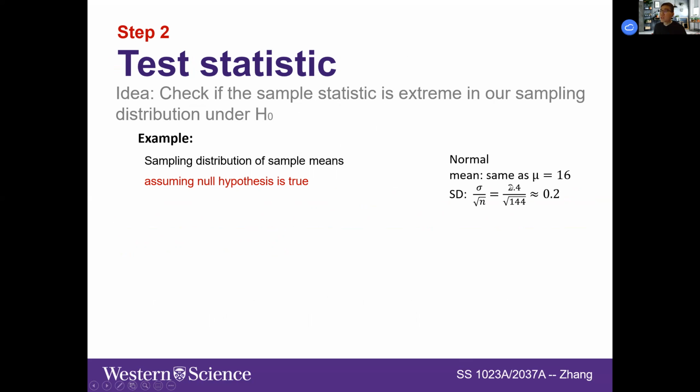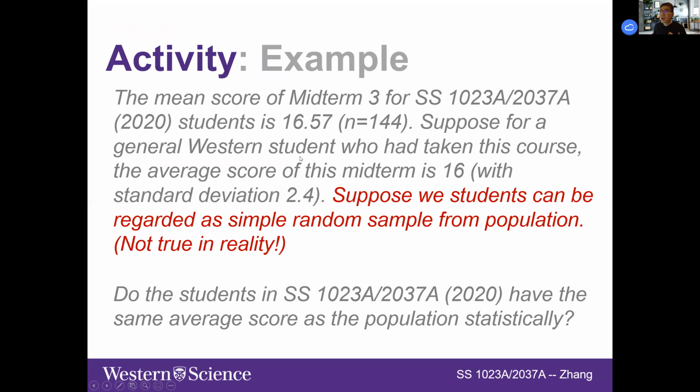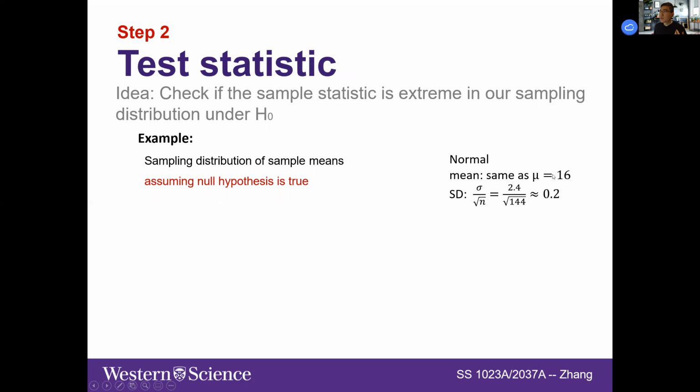So the mean is the same as the population parameter. Because remember, our null hypothesis is that our mean is the same as the general population. So in that case, our mean mu should be exactly equal to 16. And likewise, the standard deviation should be given by sigma divided by the square root of n, which is approximately 0.2.